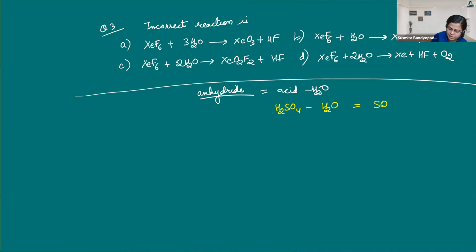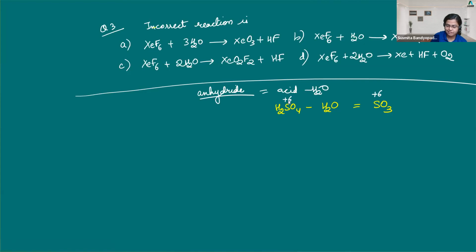I'm left with SO3. So SO3 is the anhydride of H2SO4. When it's the anhydride of H2SO4, the oxidation number of that element in the anhydride and in the acid remains the same.